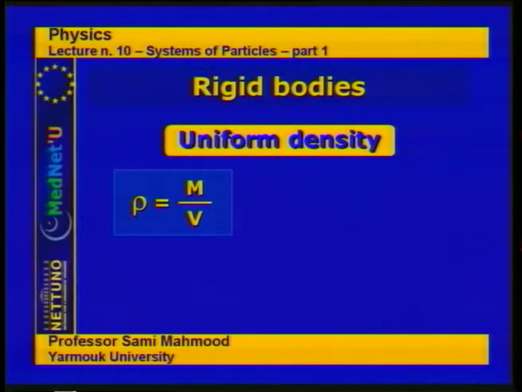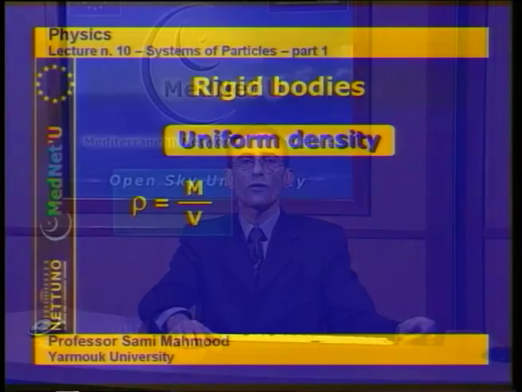In that sense, we can define the density of the object as rho, the Greek letter rho, going for the density, equal to the total mass of the object divided by its total volume, V. And that is the definition of the density, because we have assumed that the density is uniform.